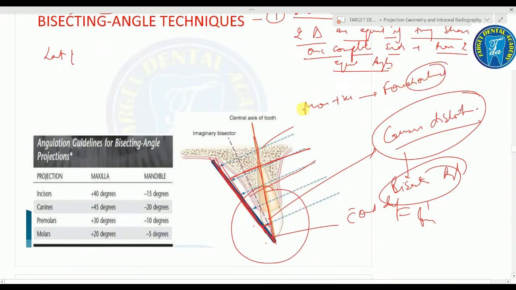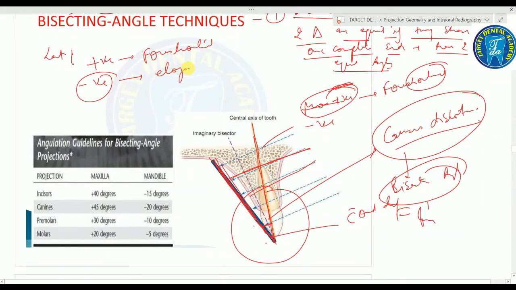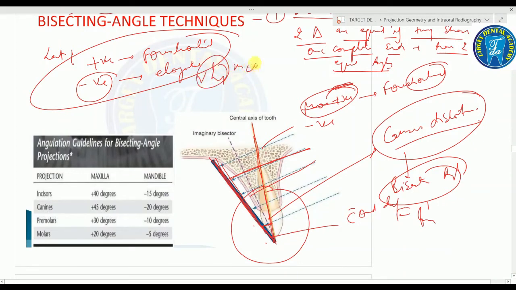Likewise, if it is inclined with a more negative angulation to the bisector, the image is elongated. These 2 points are very important for your MCQ.